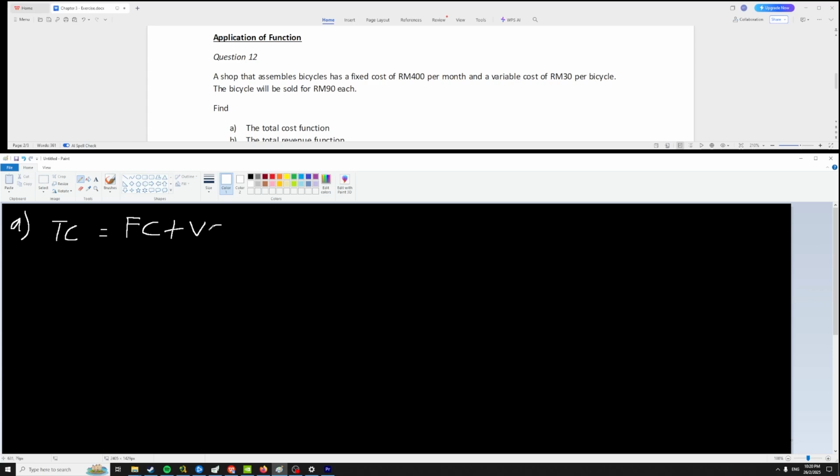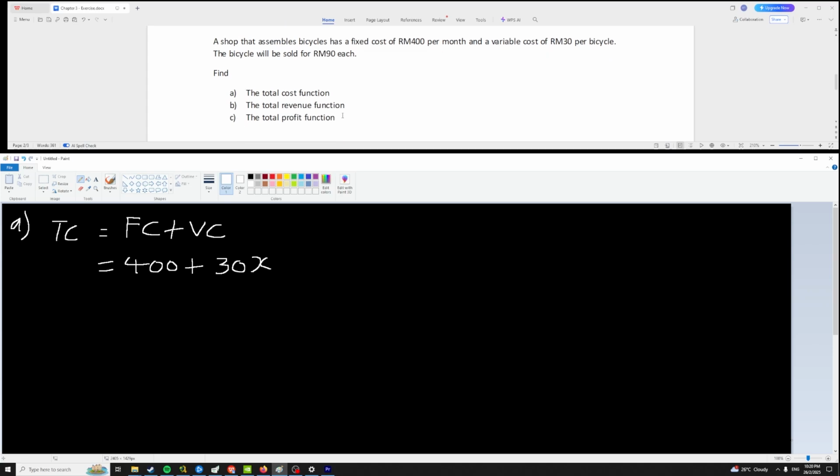FC stands for fixed cost, VC stands for variable cost, TC stands for total cost. The fixed cost is 400. The variable cost is 30 ringgit per bicycle, so the number of bicycles, x, is the variable. So that is the total cost function.